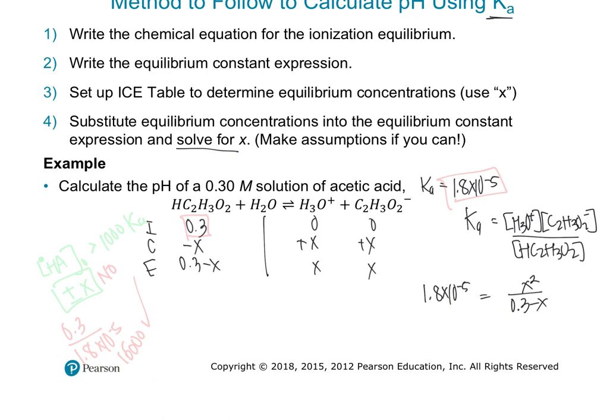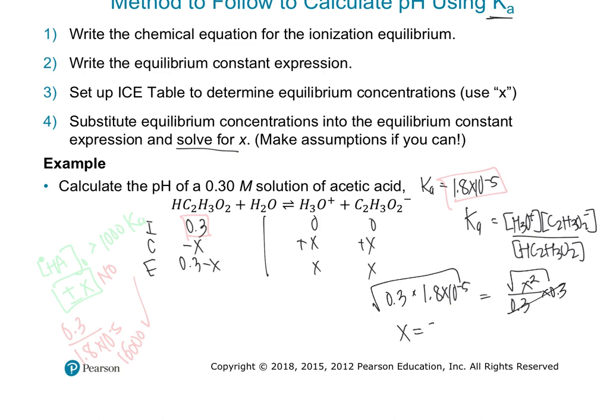So what I'm going to do is down here, I'm going to just get rid of this minus X. And then we're going to calculate X, which is our hydronium concentration, and see what we get. So I'm going to take my 1.8 e to the negative 5, times 0.3 on both sides to get that X squared, and then square root to get X by itself.